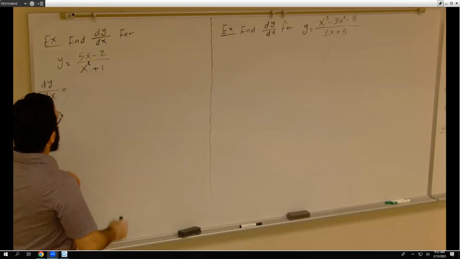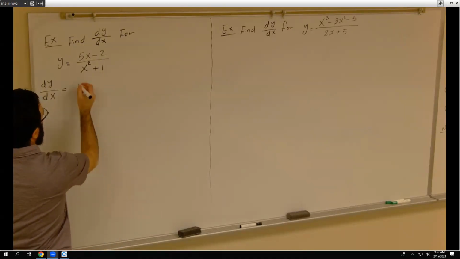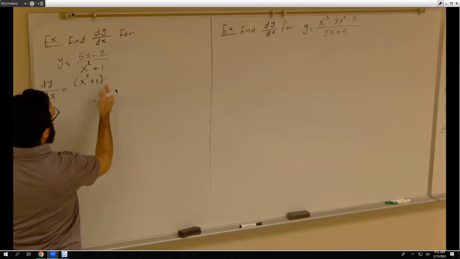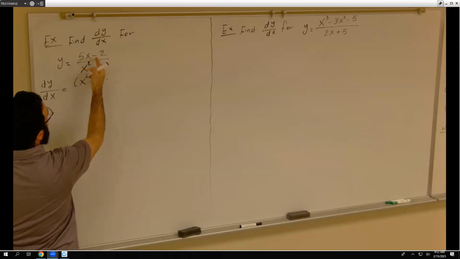This is g of x, so it's going to be x squared plus 1 times the derivative of 5x minus 2.